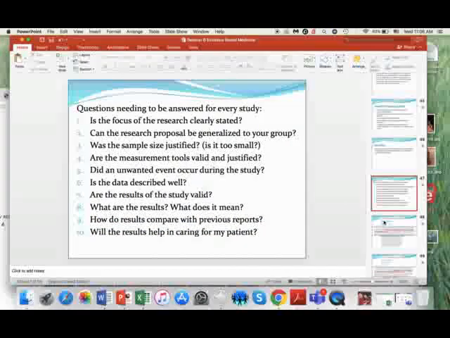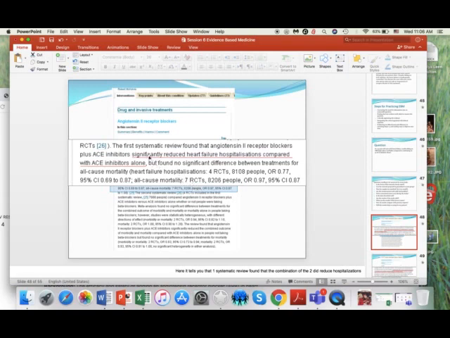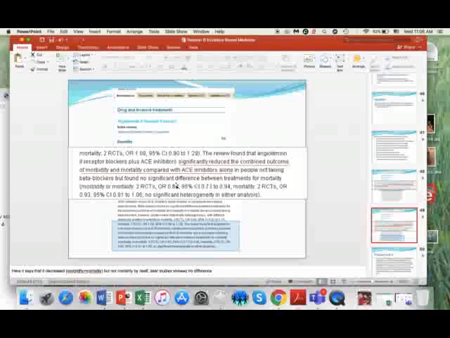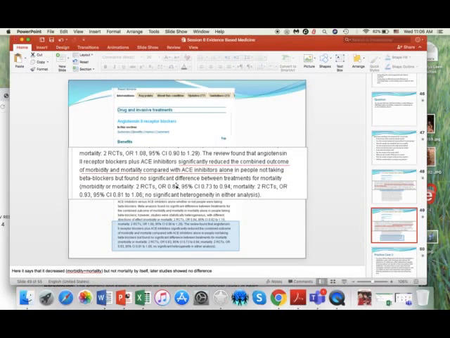But if we look at certain parts of this study, it found that it significantly reduced heart failure hospitalizations compared with ACE inhibitors alone. That's one thing we found in this study. Another part says it significantly reduced the combined outcome of morbidity and mortality.